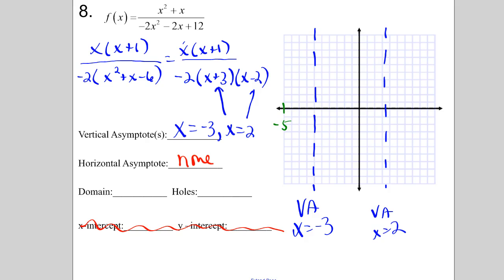So in my numerator, I get a -5 times a -4 all over -2. A -5 plus 3 is a -2, a negative, and that's a -4. So my numerator is positive, but my denominator is negative. So over here at -5, my answer is negative, so I'm going to do something like that.